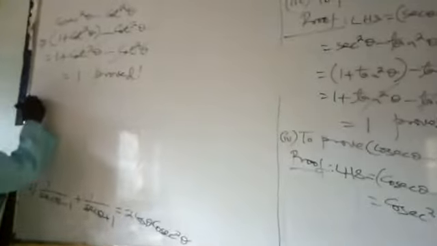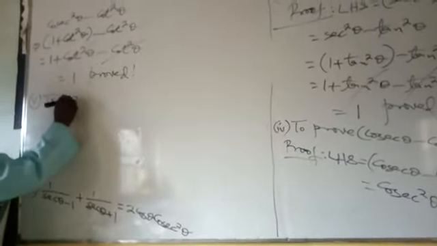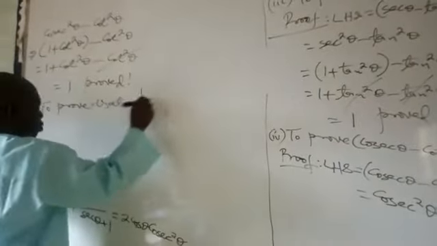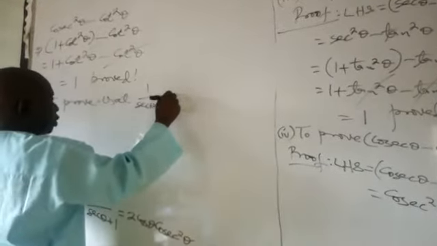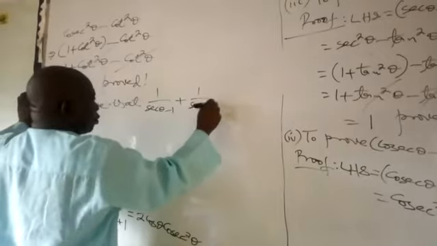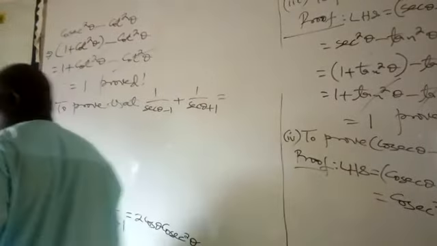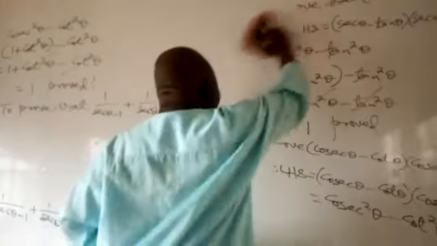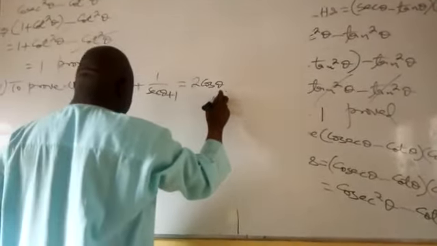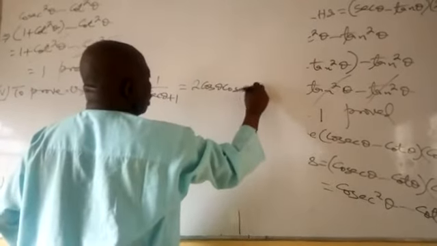Now, the last one, number 5. We are to prove that 1 over sec theta minus 1 plus 1 over sec theta plus 1 is equals to 2 cos theta cosec square theta.